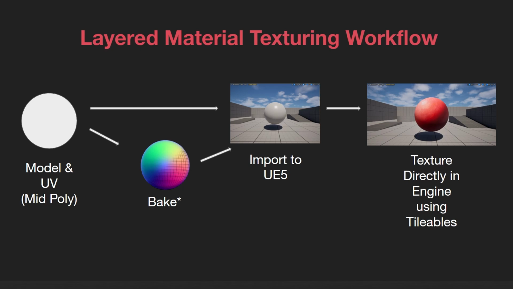We can actually just leave it at mid poly. So you can just literally model whatever you're working on to make sure that it has a nice, efficient silhouette. And then, of course, you can bake it if you want to, or you can import that directly into Unreal Engine. And then from there, we texture directly inside of Unreal Engine, cutting out the need for Substance Painter or Quixel or anything like that.